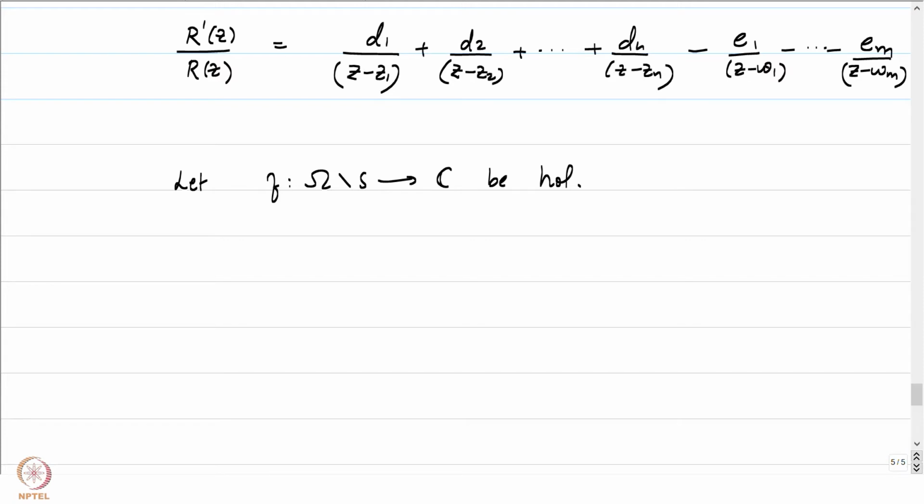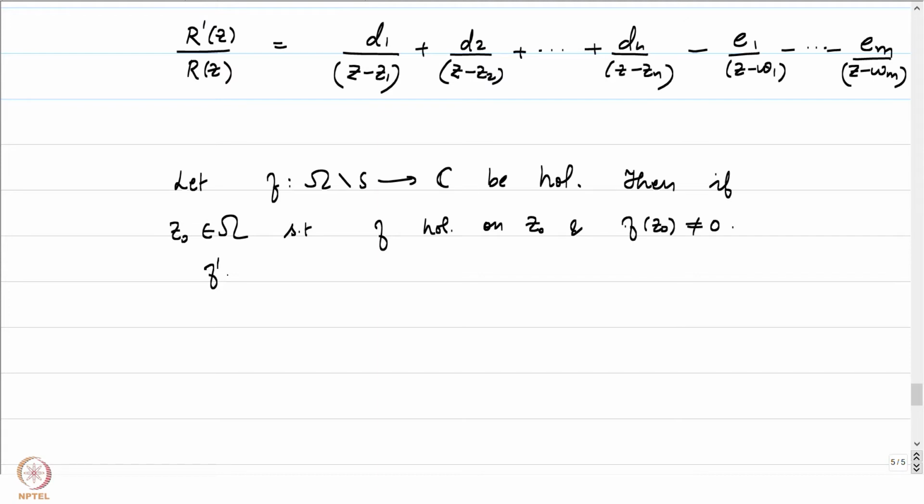Let f be a function holomorphic on omega minus S. Then suppose z0 is a point in omega such that f is holomorphic in a neighborhood of z0, and f of z0 is not equal to 0. Then there is no confusion here, f prime by f is holomorphic in a neighborhood of z0.